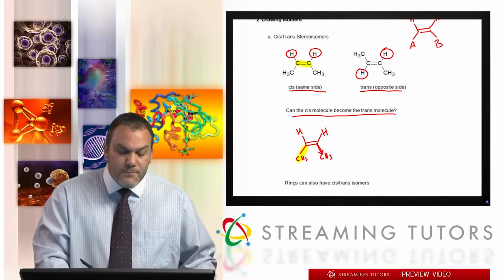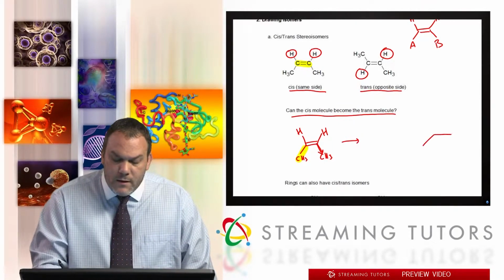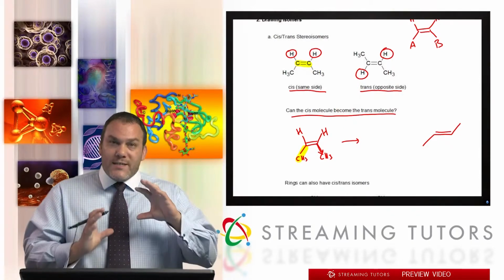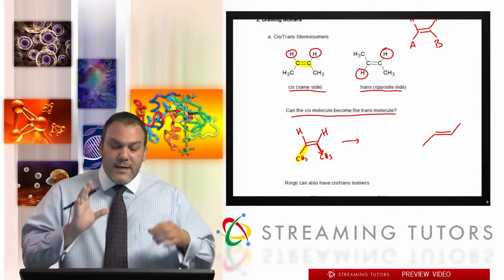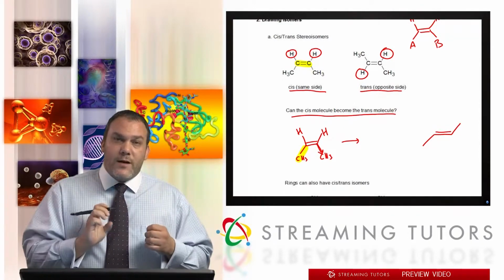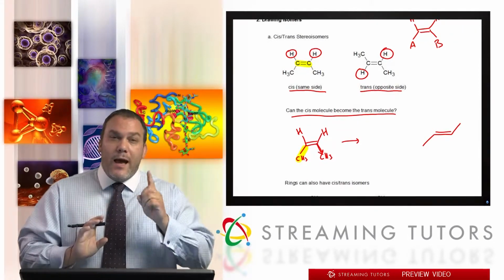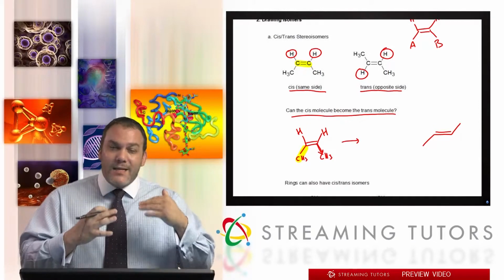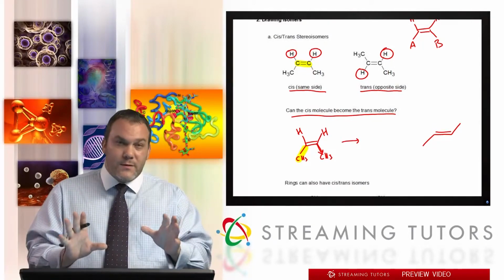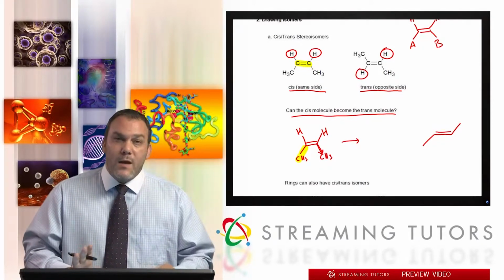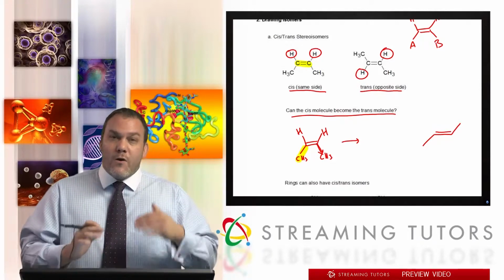Can cis become trans? Well, the problem with turning a cis into trans, so what I did is I just changed the methyl to point it up on the right. The problem here is that there's no rotation. However, do you remember we have these antibonding orbitals that I went into detail about in chapter 1? Antibonding orbitals are empty.